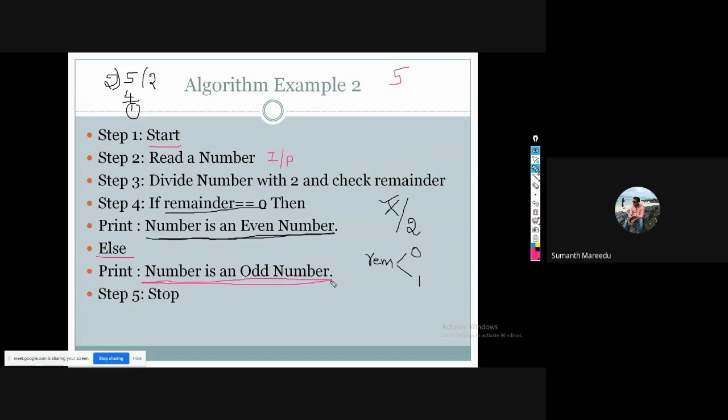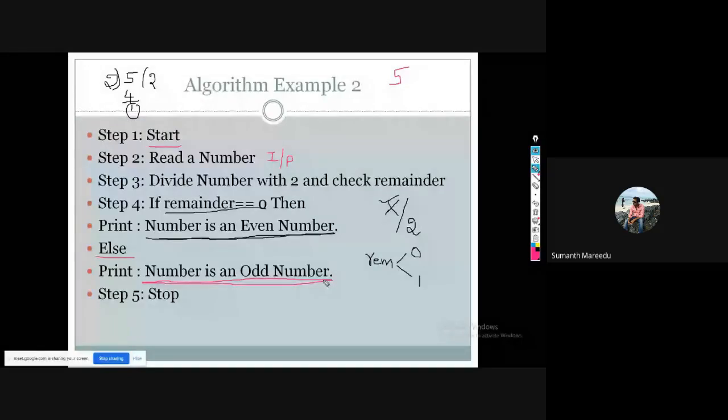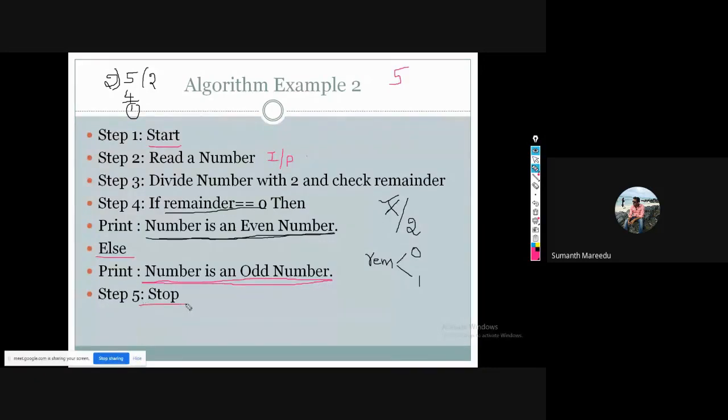If the remainder is 0, I'll print the number is an even number. Otherwise, I'll print the number is an odd number. What is that otherwise? When the remainder is not 0, or when the remainder is 1. And finally, stop the process.